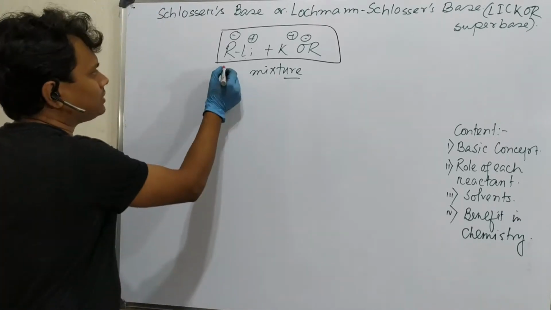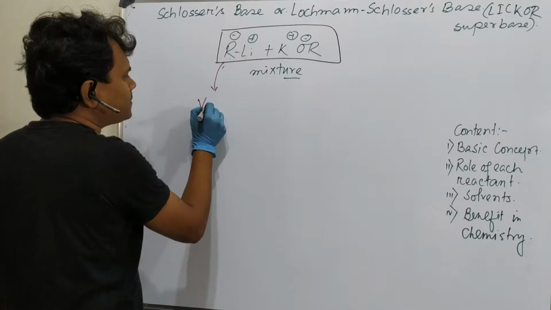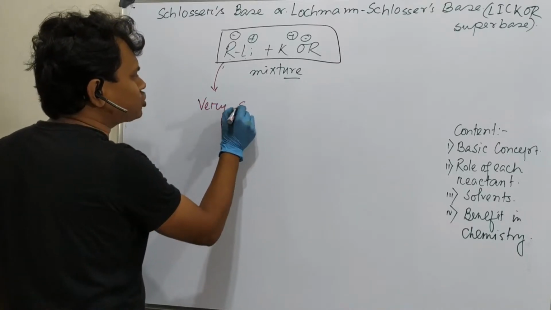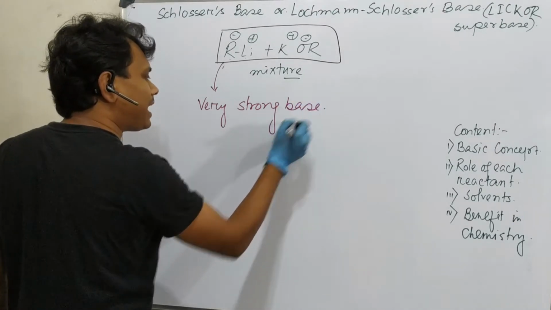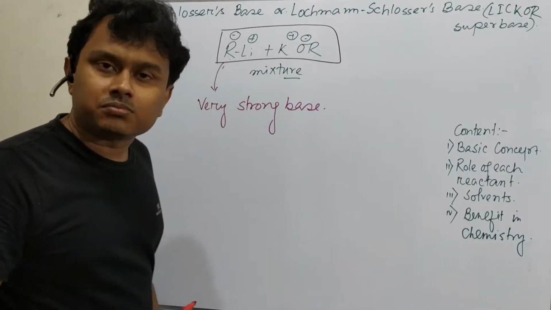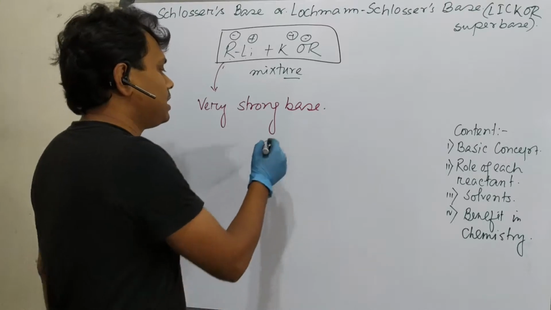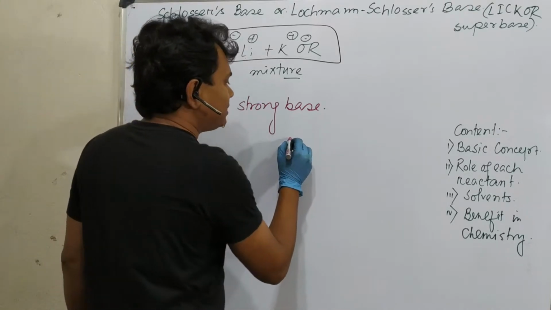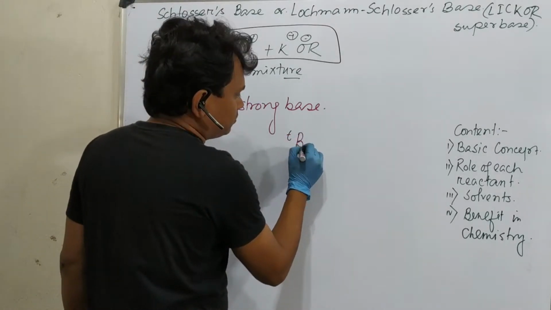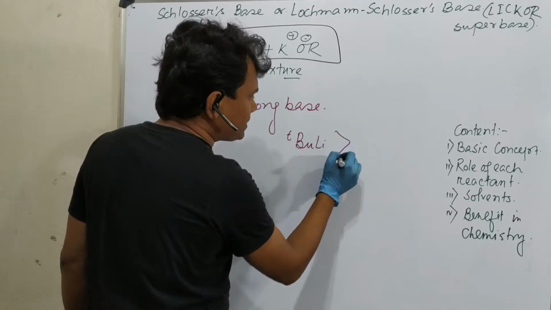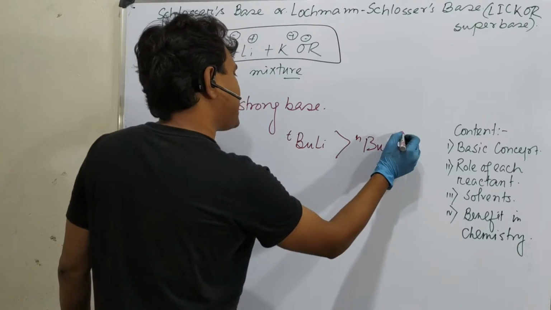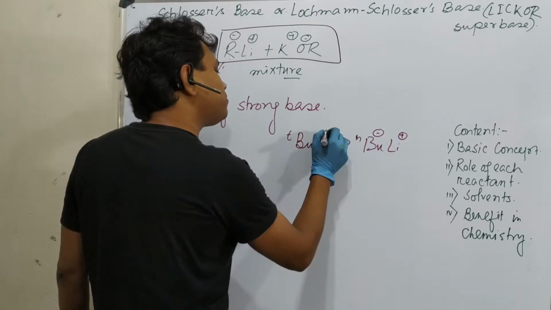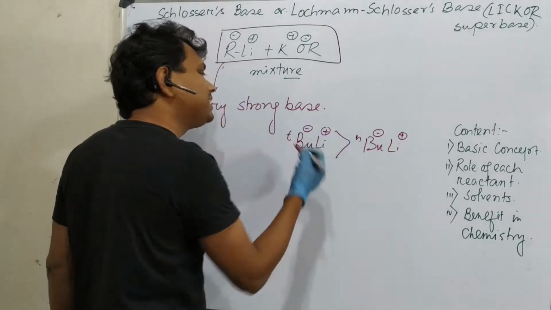Because we know that alkyl lithiums are very strong bases, like butyl lithium. And among them, t-butyl lithium is more basic than n-butyl lithium. This we have already read. These are extremely basic. So what is the point of making this reagent?